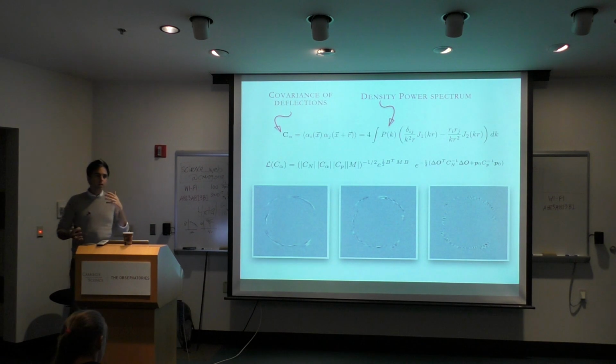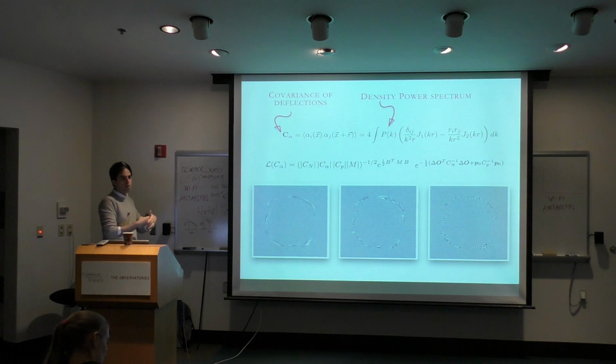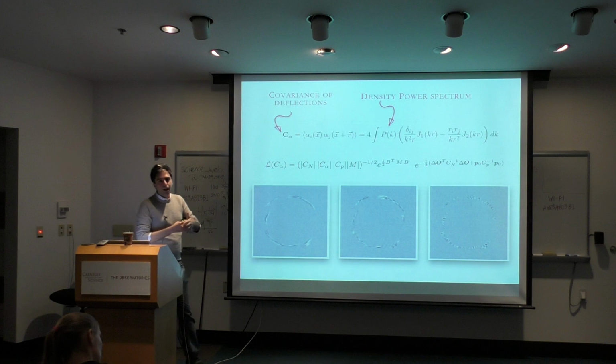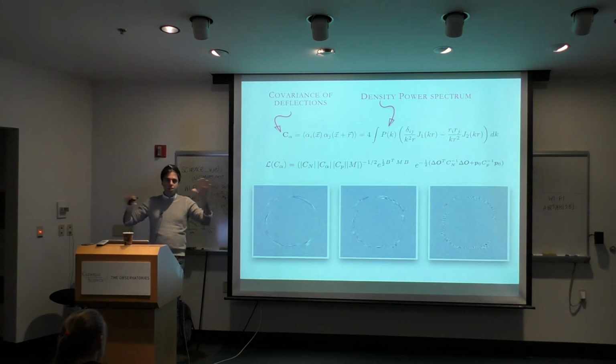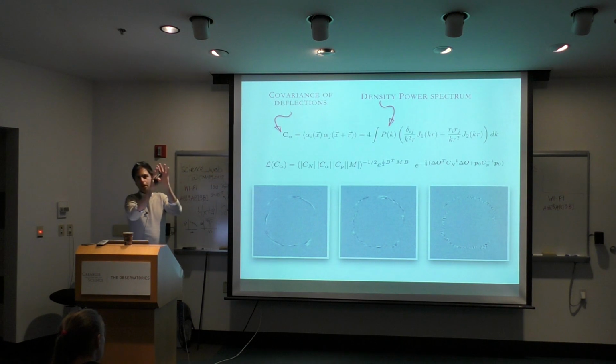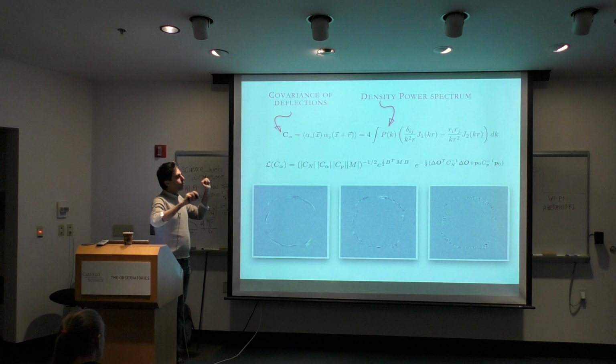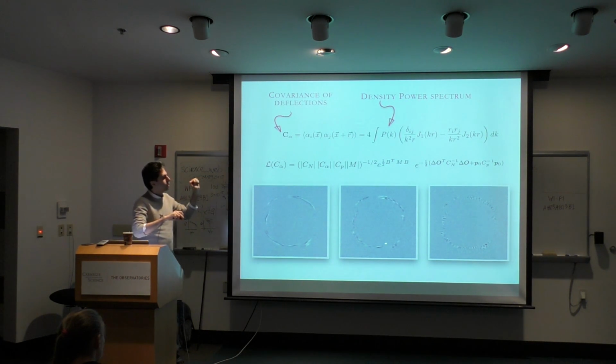So the hypothesis there is that if CDM is correct and we have tens of thousands of these tiny subhalos all sitting there, because there's so many of them, they almost form a Gaussian density field to some degree. And so with that, we can just look at the form of the correlation of these perturbations and relate it to the power spectrum of the density field.